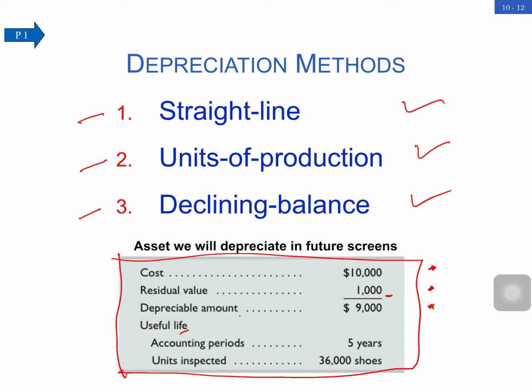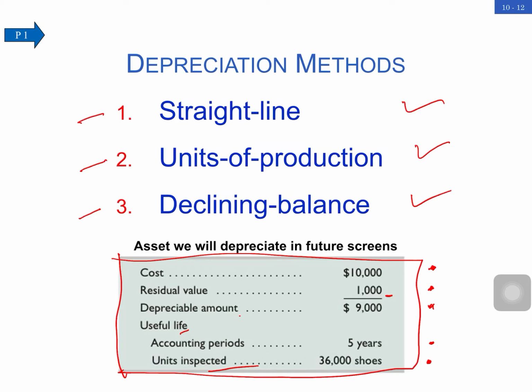And then the useful life, you expect you're going to use the machine for 5 years. After 5 years you will not use the machine anymore, or the machine will be broken maybe. Or you can also estimate the useful life in units, 36,000 shoes. What does it mean? It means that if the machine has already produced 36,000 shoes, then you will not use the machine anymore.